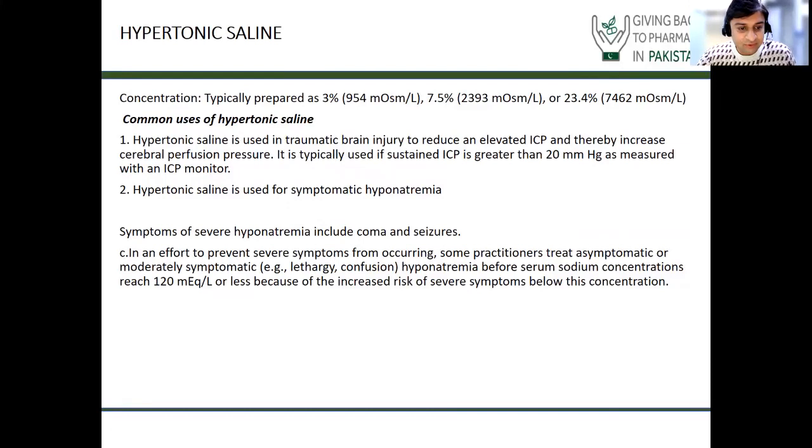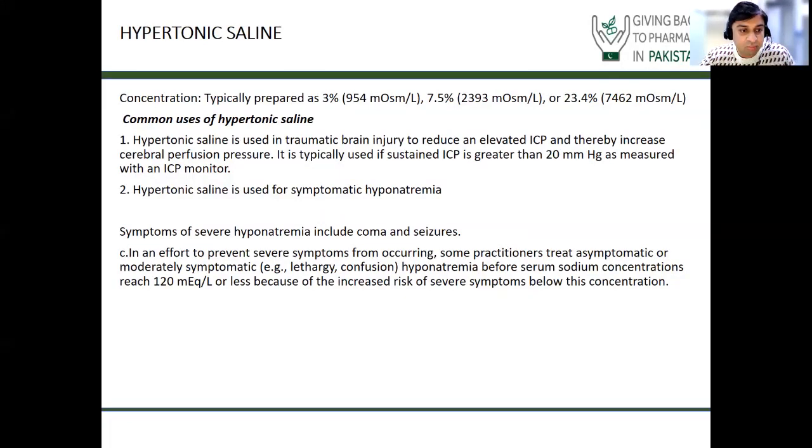What are the symptoms of severe hyponatremia? They include comas and seizures. In an effort to prevent severe symptoms from occurring, some practitioners treat asymptomatic or moderately symptomatic hyponatremia before serum sodium concentration reaches below 120.